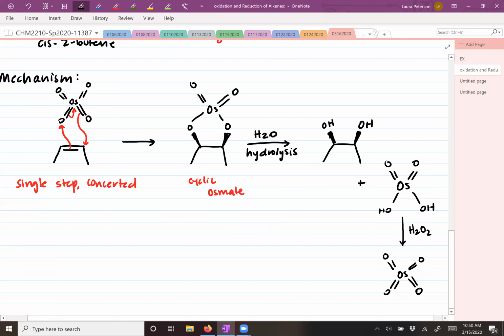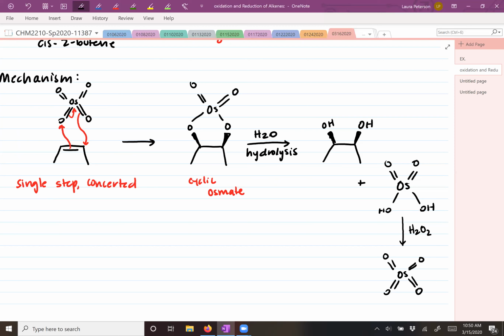We're not going to talk about that mechanism to any length. You might be wondering, why not just use stoichiometric osmium and not worry about the H2O2 step? Well, osmium is super toxic, and it's not trivial to work with, so we try to minimize our exposure to these toxic chemicals.